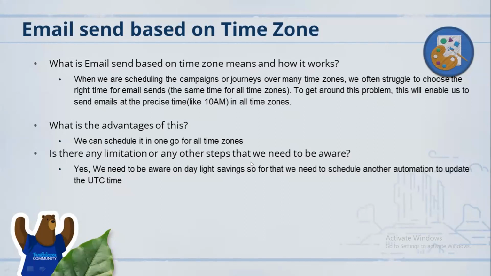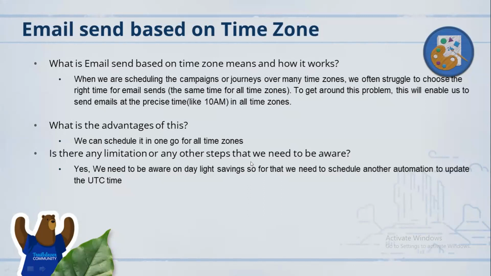If we are targeting people in the US, we always see there are multiple time zones in the US, and most of the time we may end up with multiple decision splits in the journey, or multiple automations, or multiple campaign journeys itself to target people in different time zones.